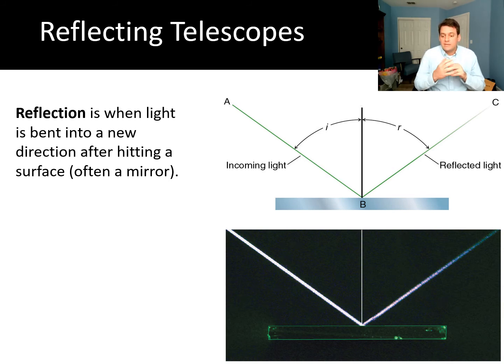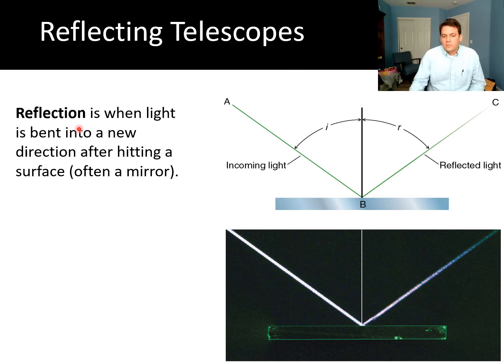And as you might have guessed from this slide, the something else is what's called a reflecting telescope. A reflecting telescope doesn't use refraction to bend rays. Instead, it uses reflection from a mirror. And whereas refraction used a lens to bend the rays, reflection is very straightforward.